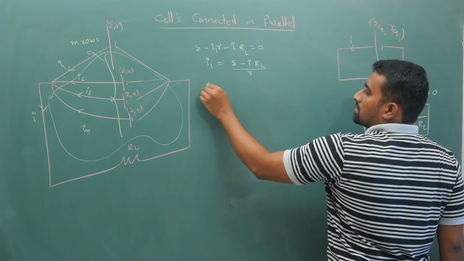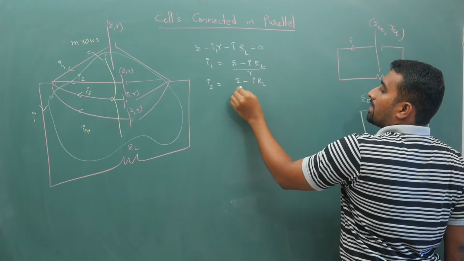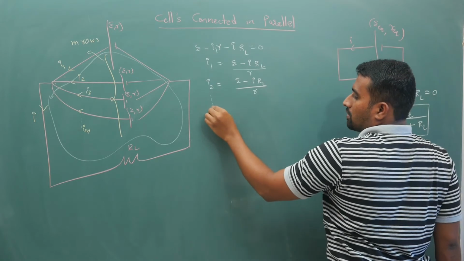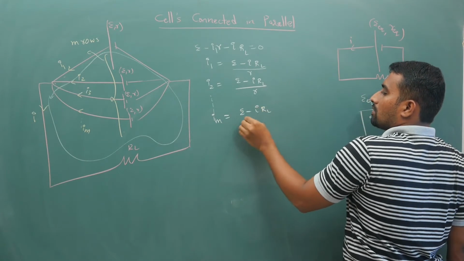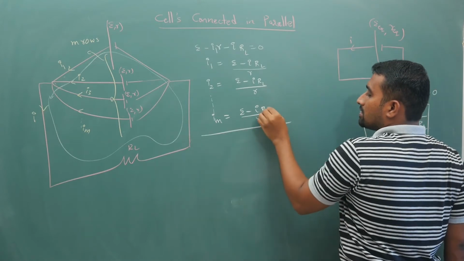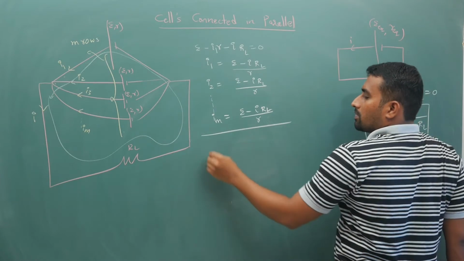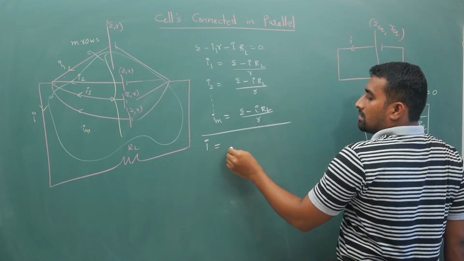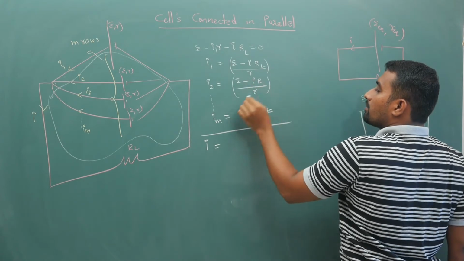Next, your I2 is (E minus I times R load) by R, and so on up to Im, which is (E minus I times R load) by R. Now add all these terms, applying Kirchhoff's law. I1 plus I2 plus I3 plus so on up to Im is I. How many terms are there? M terms are there.